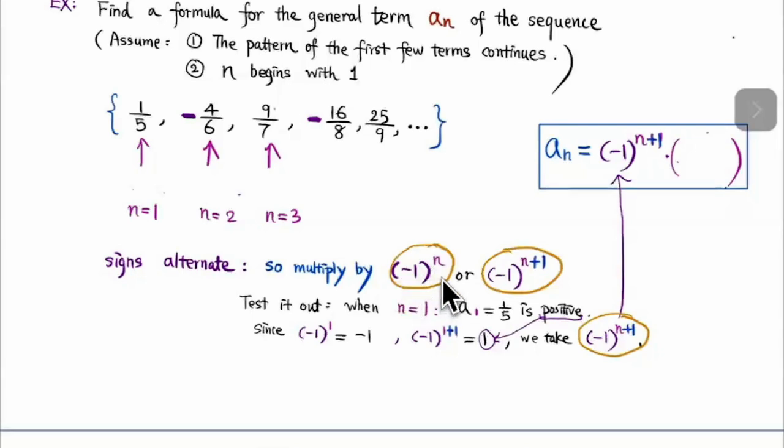Okay, so remember -1 to the n power or -1 to the n plus 1 power. When n go from 1 to 2 to 3 to 4, etc., you see the sign alternate. So if you see the sequence here, the sign alternate, you're going to put one of these over here for the general term. Okay, but how do you know which one? This one or this one?